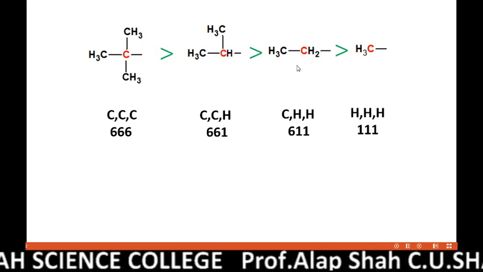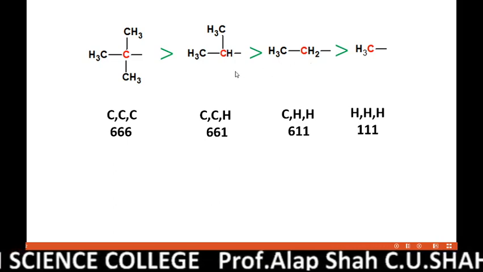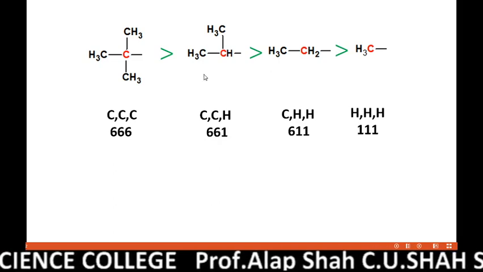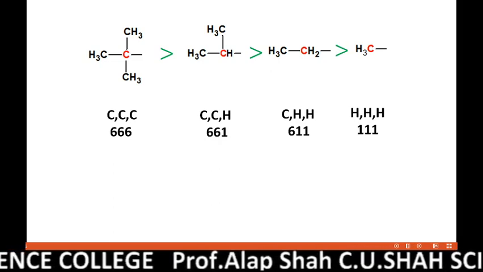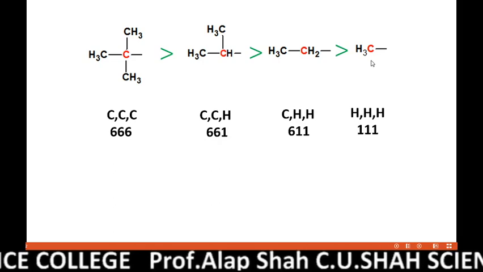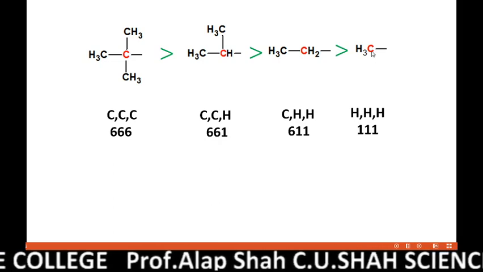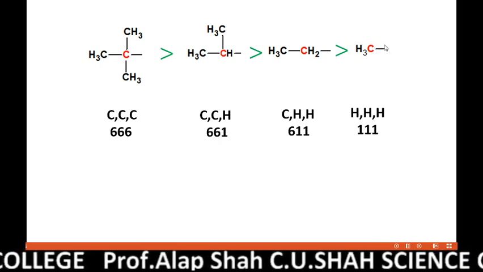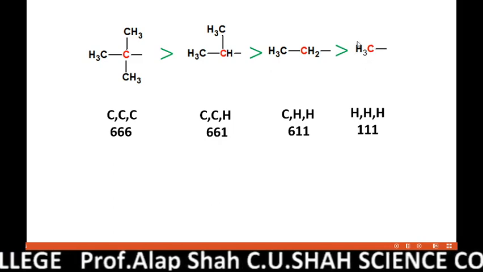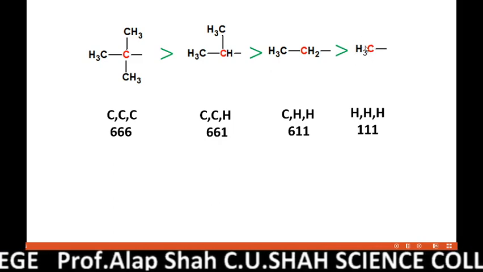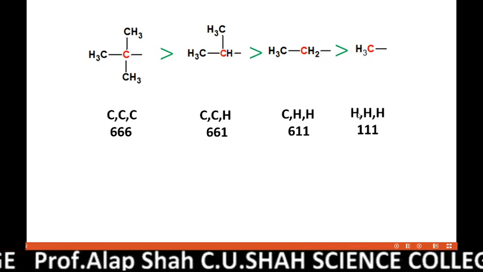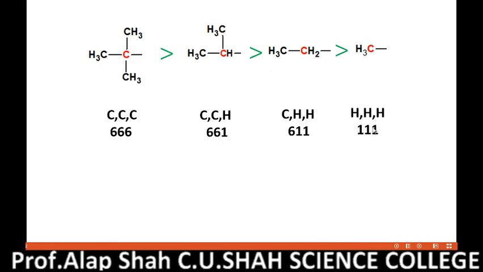All four are carbons, so what do we have to do? Now we have to compare the other atoms. Here, the red carbon attached to the asymmetric carbon has three hydrogens attached, and hydrogen's atomic number is 1. So we write 1 1 1.